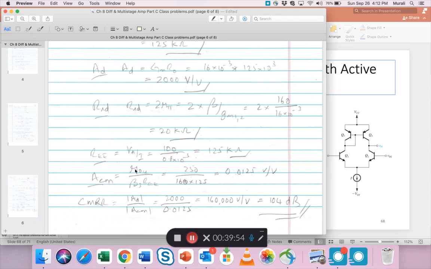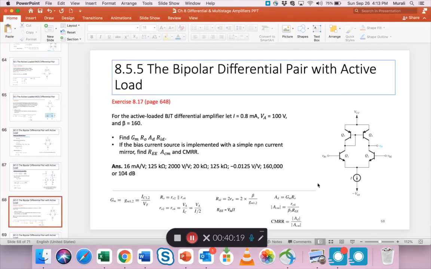So the common mode gain is RO4 by beta 3 of this transistor. It's important to see which transistor we are talking about. And REE. Okay, so that comes out to be 0.125. And again, I made a mistake. This should have a negative value.